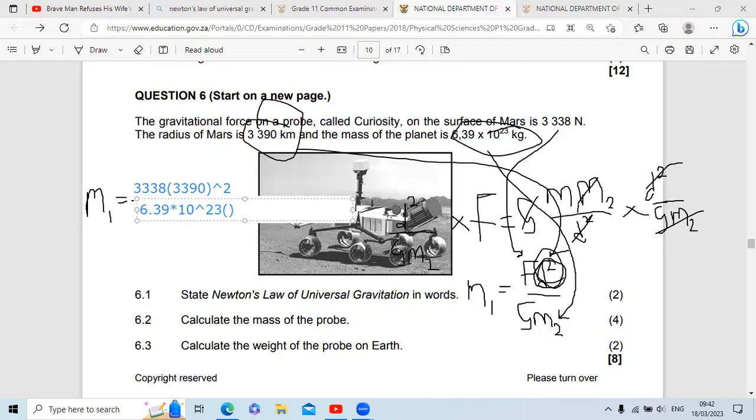And then you're going to have your mass, your 6.67 times 10 to the exponent -11. So were you able to get this far?